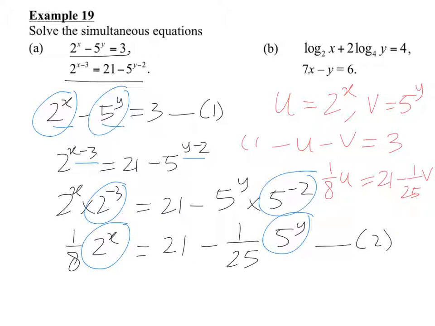This is the first and this is the second. What do you observe here? You'll see that this is just a pair of simultaneous equations which are linear, something that we can solve using the normal method you have learned before. From there you'll be able to solve for u and v, and after that you can solve for x and y. Okay, please try it.